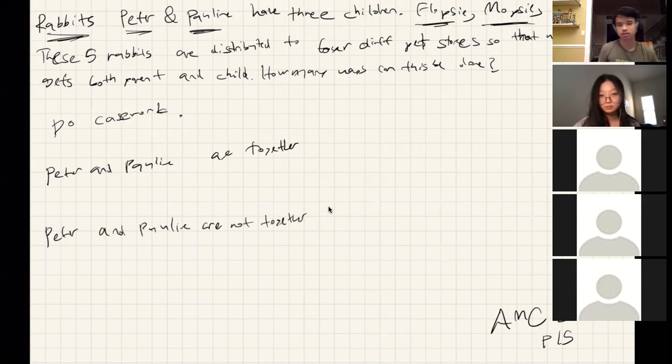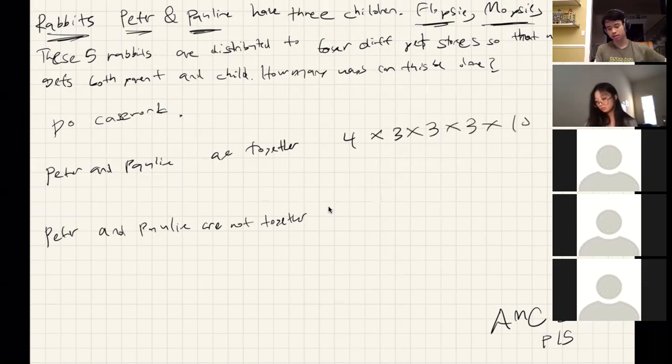They're in different stores. So in the first case, there are 4 ways to choose the store that they're both in. And then each of the 3 children can go into each of the other 3 stores. So the first one can go into either of the 3, same with the second one, same with the third one. So that gives us 108 as our first case.